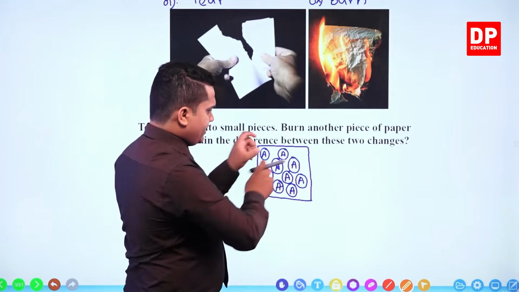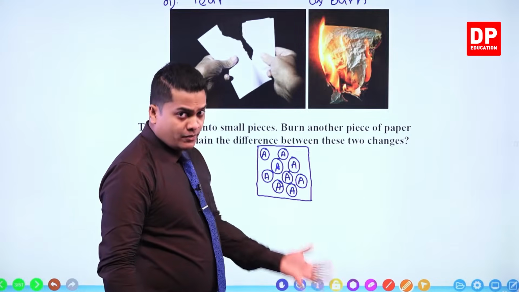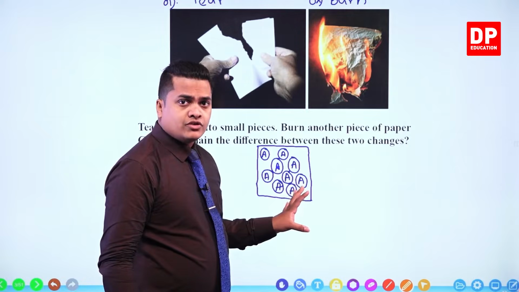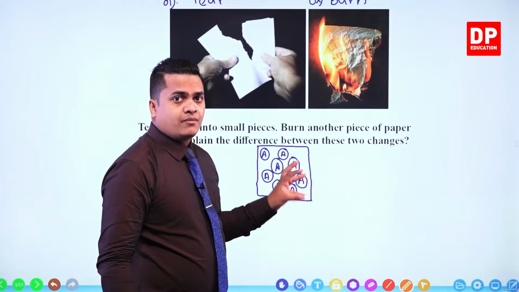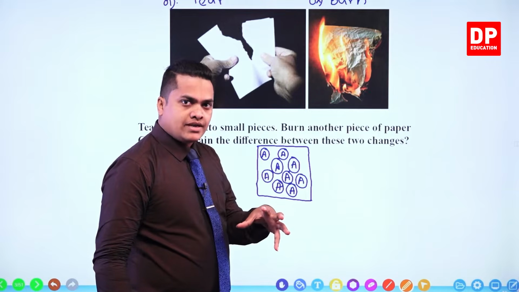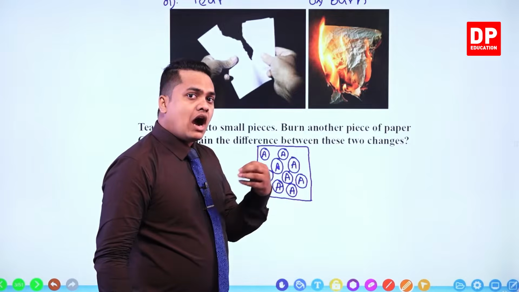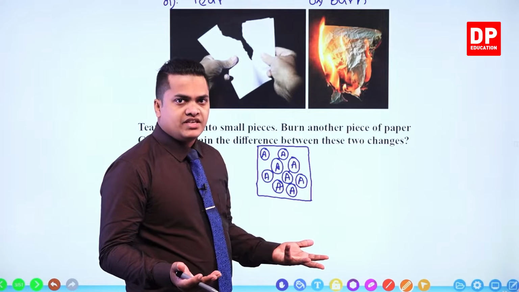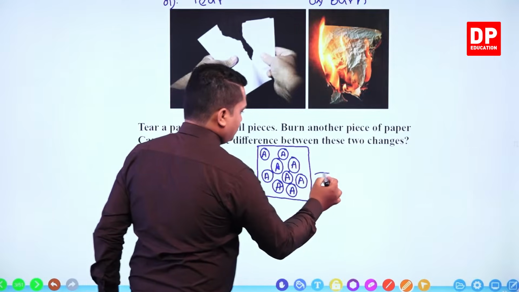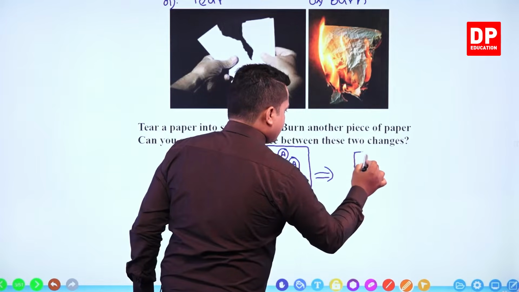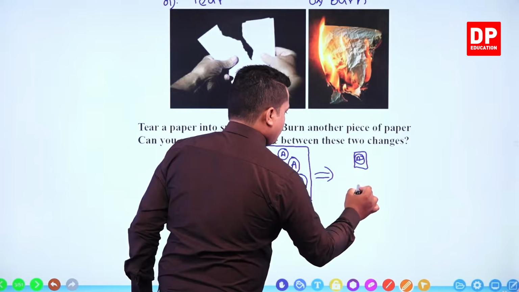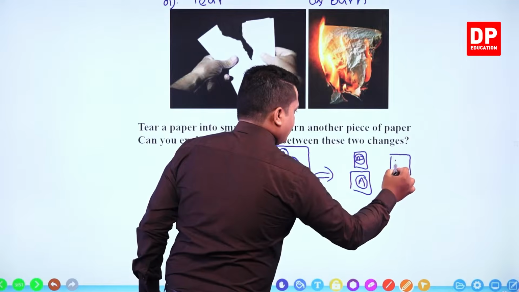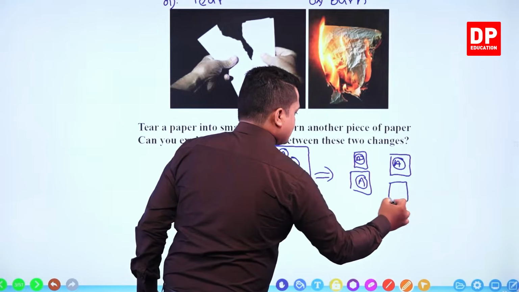Even when I tear it down, these particles are not going to change. If the paper is made up of A particles, then after tearing it down, we can observe A particles. There is no change in it. But if you take the structure of it, structure means actually here the size of the particles.